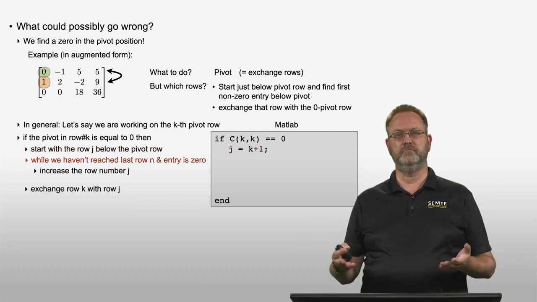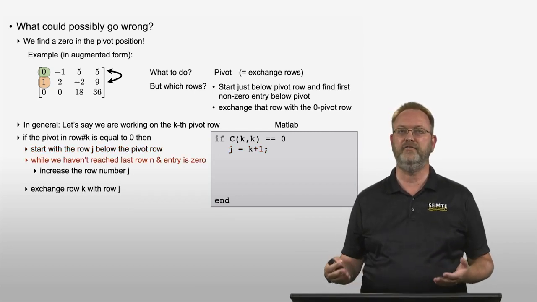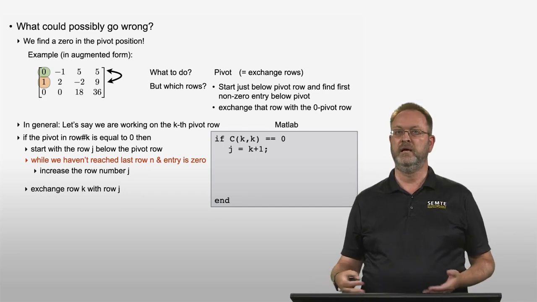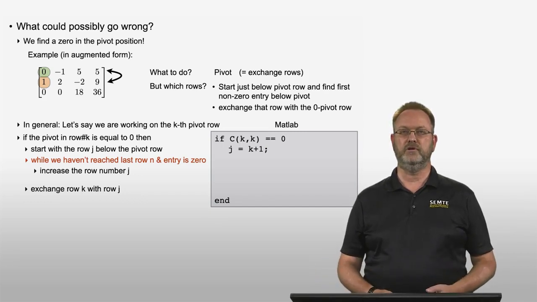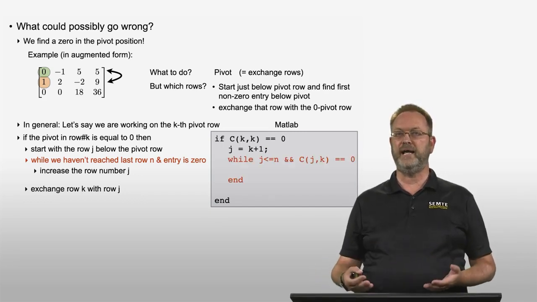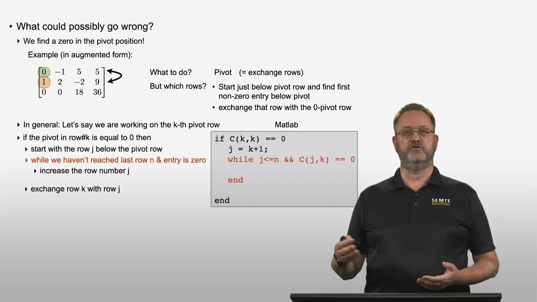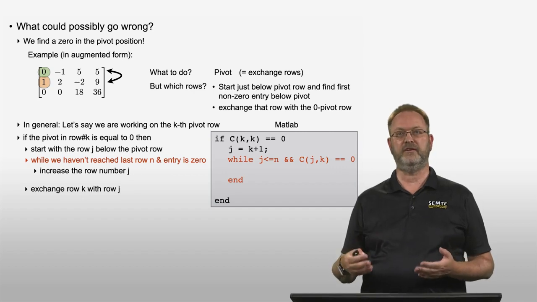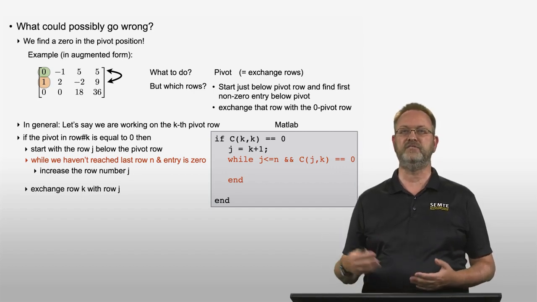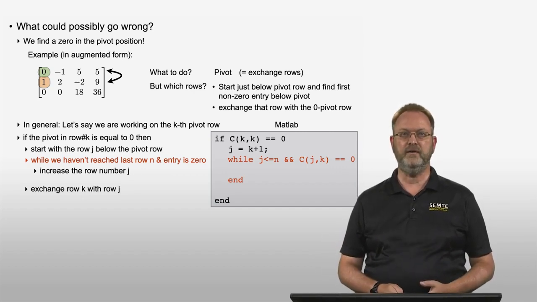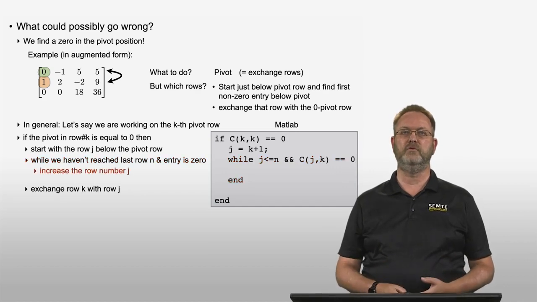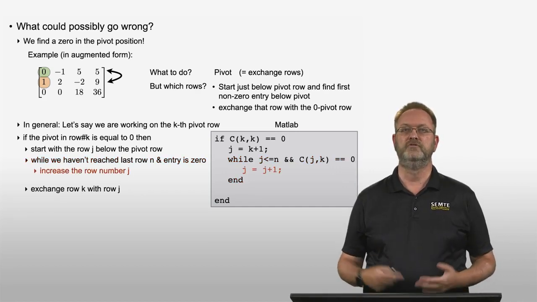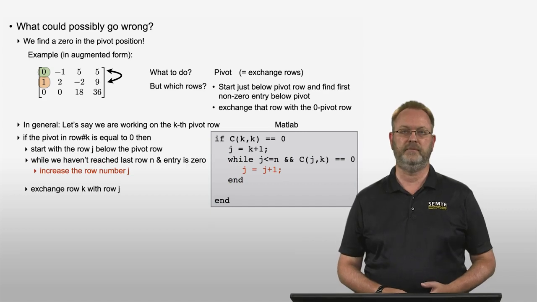The word algorithm says, while we haven't reached the last row n and the entry is still 0, which translates into: while j is smaller or equal to n, and the entry C at row j, column k is still 0, then we increase the row number j by 1, so j equals j plus 1.